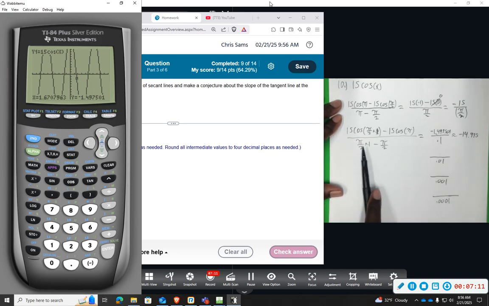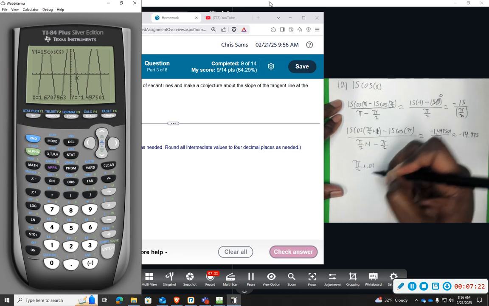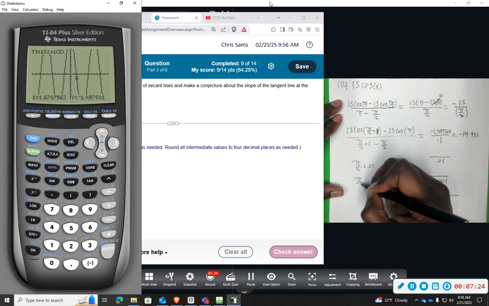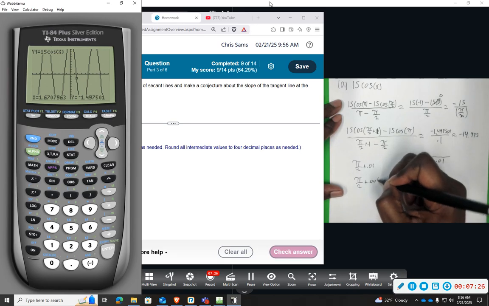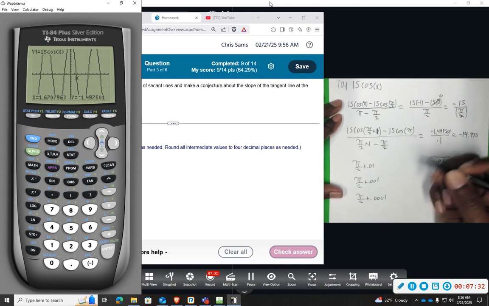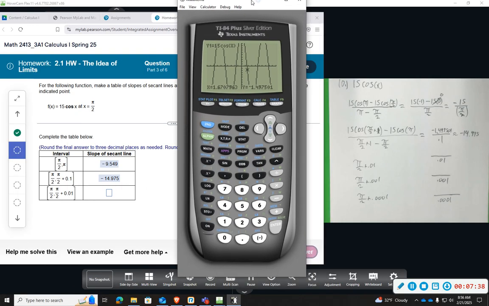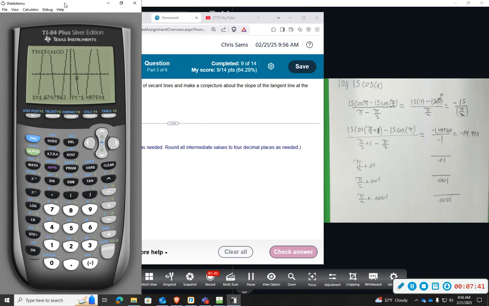Each time we'll just be putting in pi over 2 plus 0.01, pi over 2 plus 0.001, and pi over 2 plus 0.0001. And we'll find all these values and we'll divide them. And then we'll estimate the slope of that tangent line.